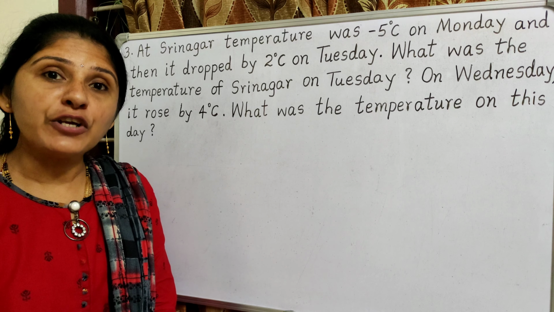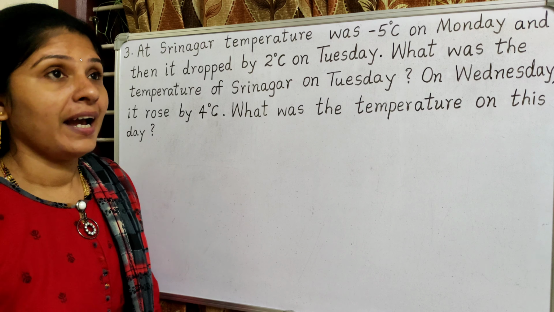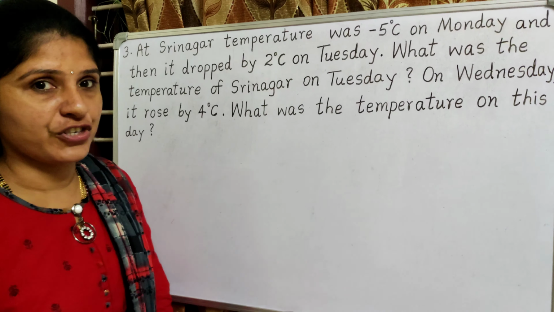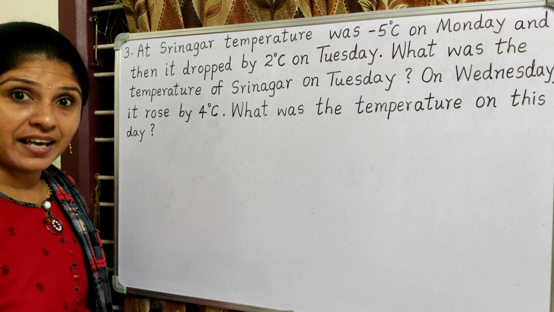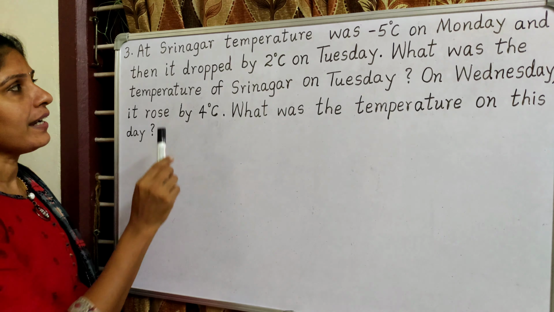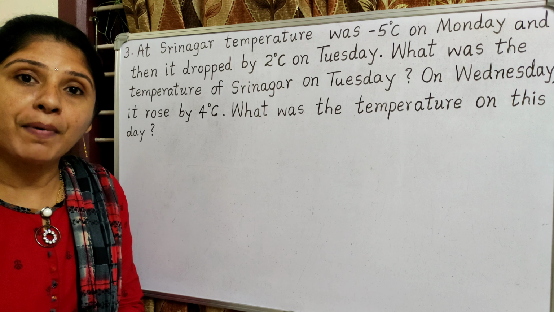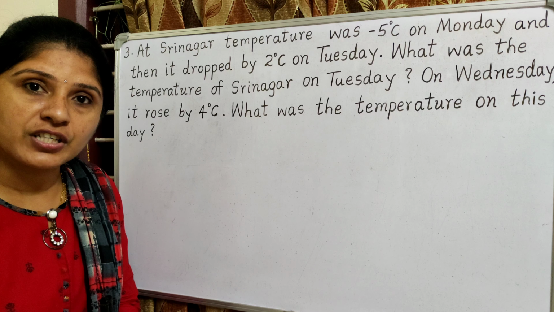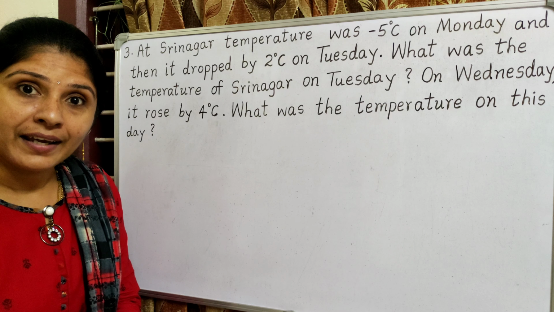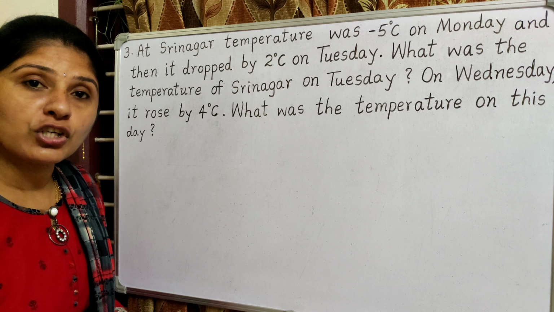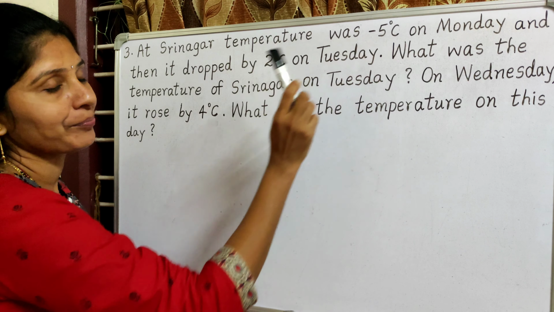Students, let us try to understand the question. At Srinagar, on Monday, the temperature was minus 5 degrees Celsius. And next day, on Tuesday, it dropped by 2 degrees Celsius. Dropped means decreased. The temperature decreased by 2 degrees Celsius on Tuesday compared to the temperature on Monday.